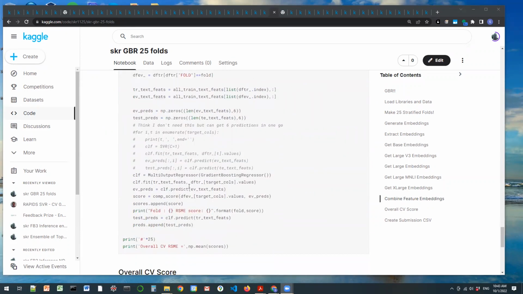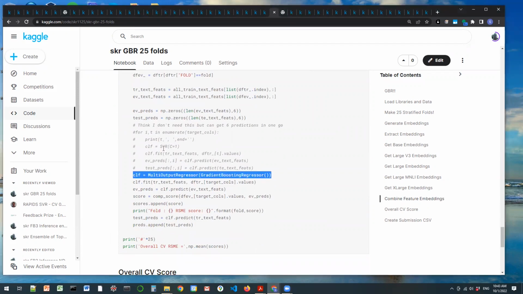In this case, the CLF is set up this way with an SVR, and then you do the fit, but you predict per column. With the multi-output, I believe, since I haven't seen the results because it ran for a long time, but it didn't error out, it seems you can fit and get the values for all 6 of them at the same time, because you're using multi-output.